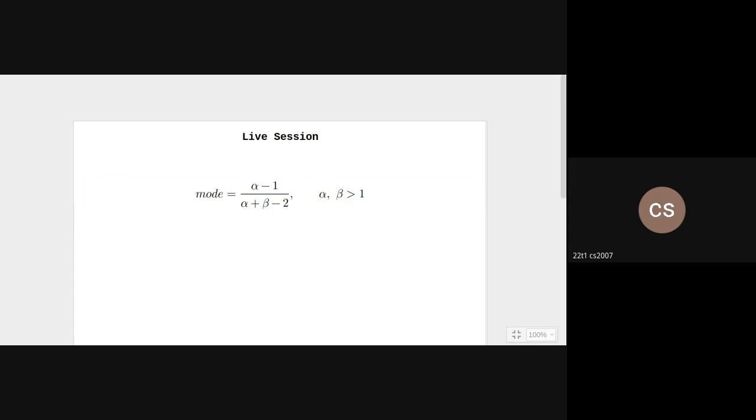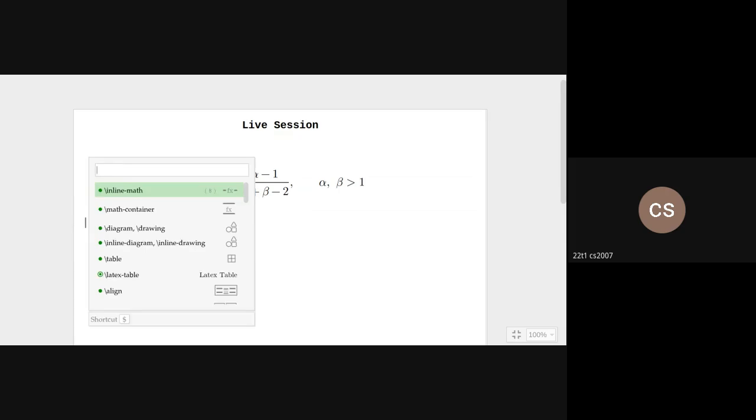So if you look at alpha equal to 5 and beta equal to 1.5, or if you swap these values, whatever be the alpha and beta, if you compute the mode, you will see where it shifts. So for alpha equal to beta, let's first compute the mode and see what happens.